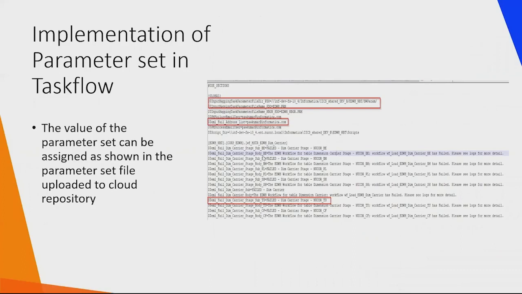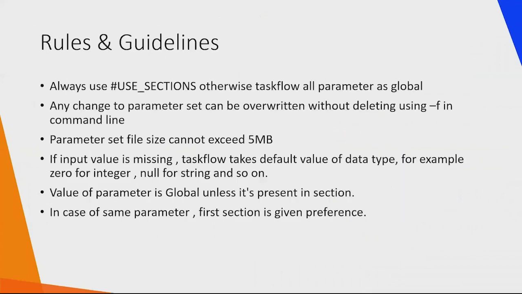So if, let's say, there are some parameters defined at the global level and also at that particular task flow level, ideally the precedence should be that it takes it from the task flow level. But since the use section is not defined, probably it will take everything from the global. So it's very necessary to use the use section in the parameter file.